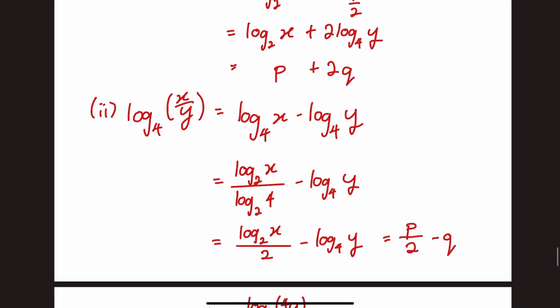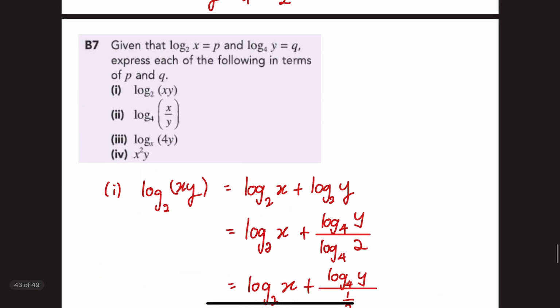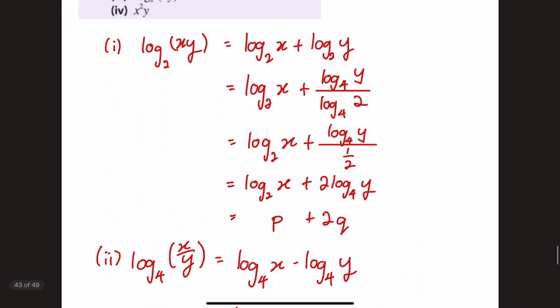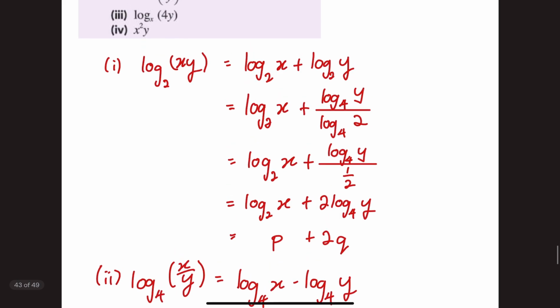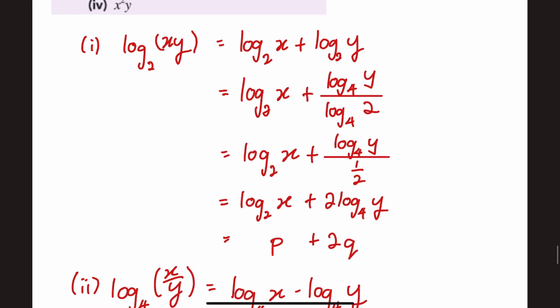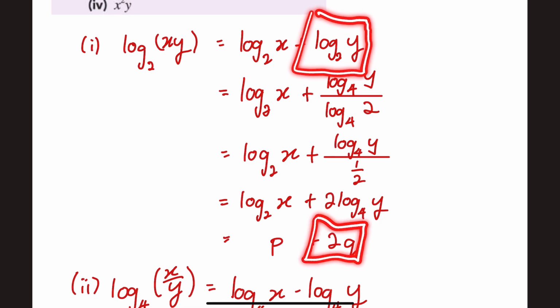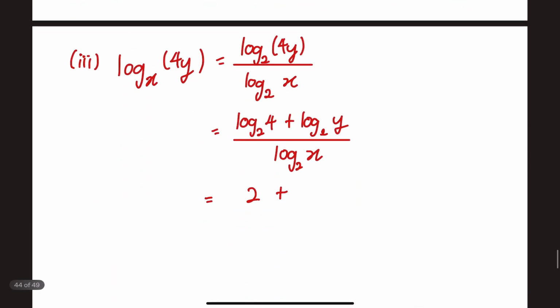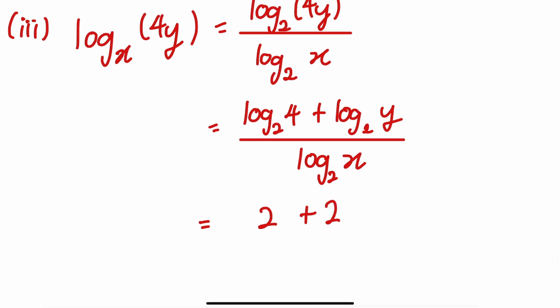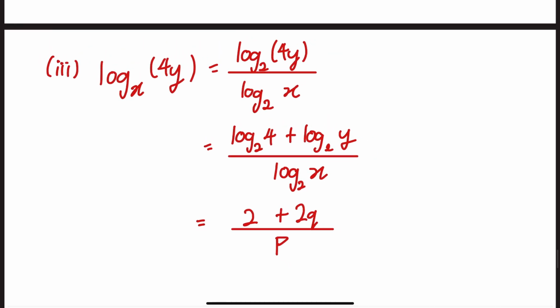Did I solve it earlier? Log base 2y. You can see actually from part 1 here, I found that log base 2y is actually 2q. So over here I can just simply write 2q divided by log base 2x, which is p. And that is my final answer for part 3.